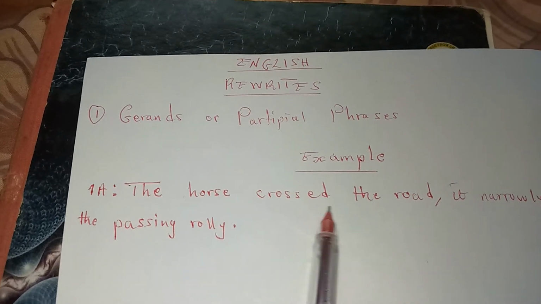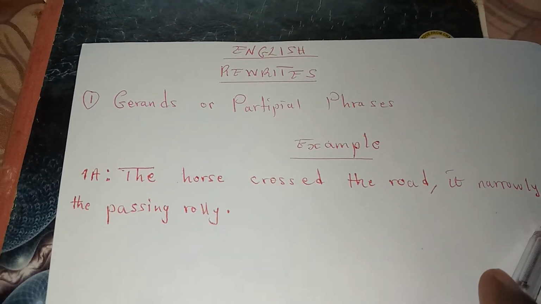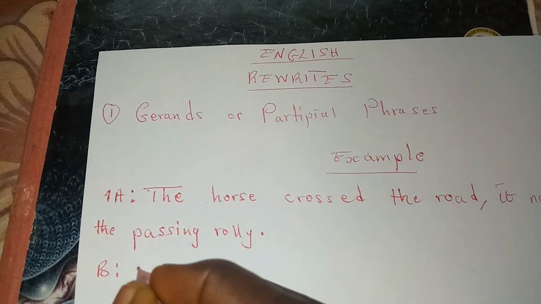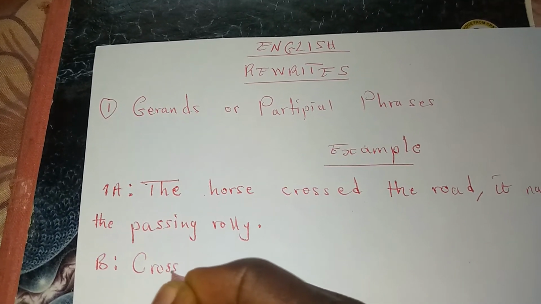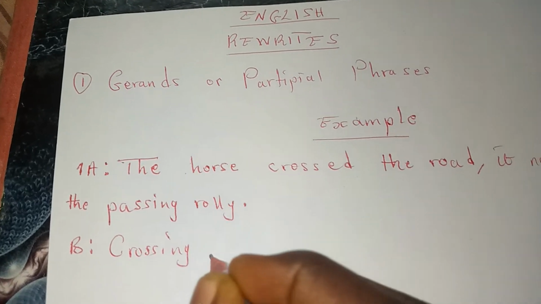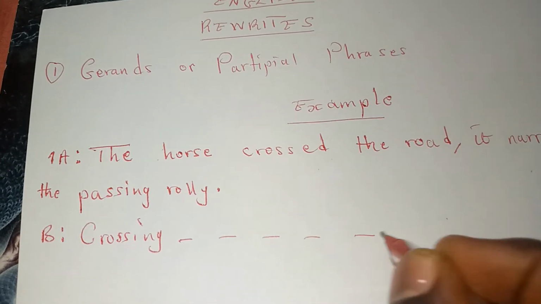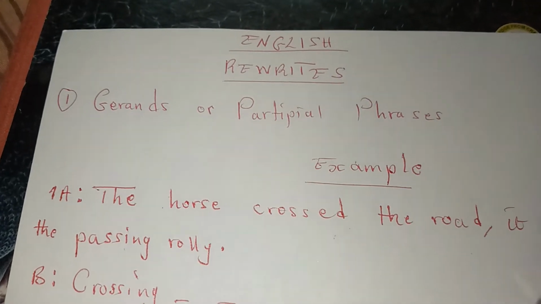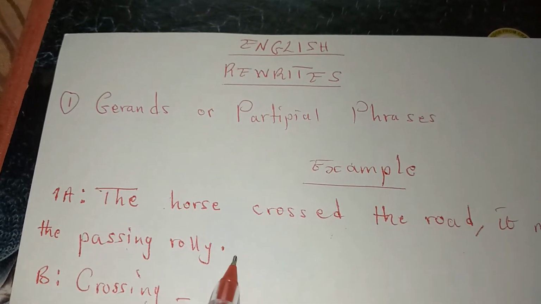Then they will say, begin: crossing. So from what we have there, the horse crossed the road, it narrowly missed the passing lorry.